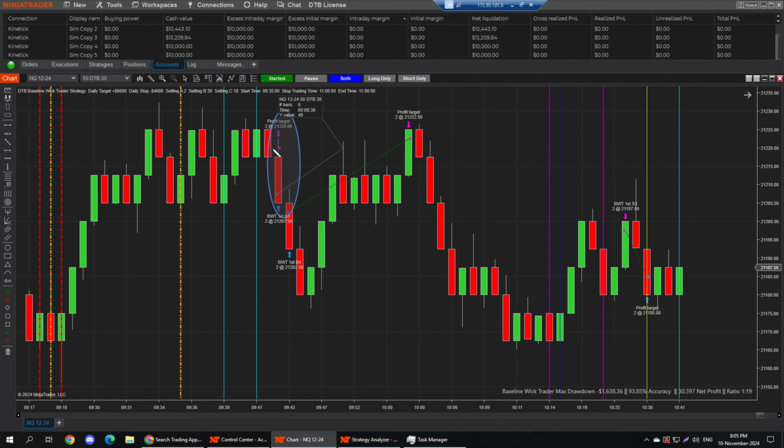It just didn't happen on that specific bar. So when you're reviewing your historical performance, you've got to make sure that a lot of that is not happening, because there's a very good chance that this price could have just continued down and this actually would have been a stop. So that's the only thing when you're using bar sizes where the entries and the targets are on the same bar.